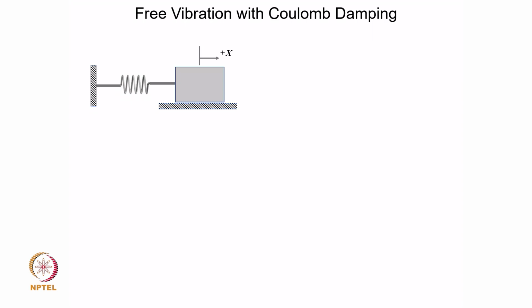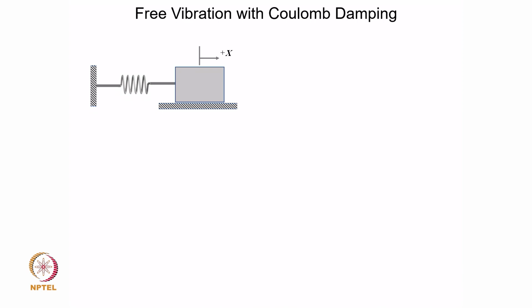So, after each cycle of oscillation, through that dissipation, the energy available for the next cycle keeps reducing, and therefore, the amplitude of the next cycle is reduced, and we shall see how the vibration amplitude reduces in the case of a Coulomb damping.